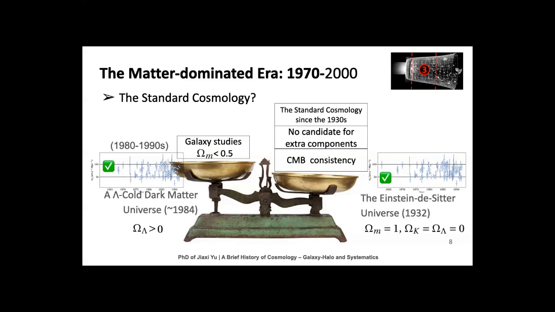That has consequences also on the value of the Hubble constant. If you are in this standard model, then omega m equals 1, and you need to have H naught to be 50. So there was a debate at this time.